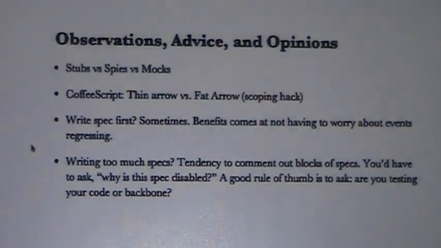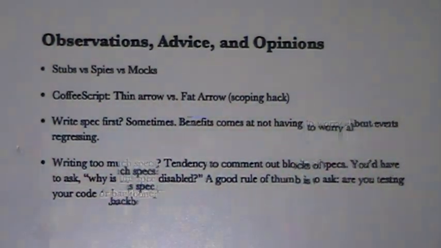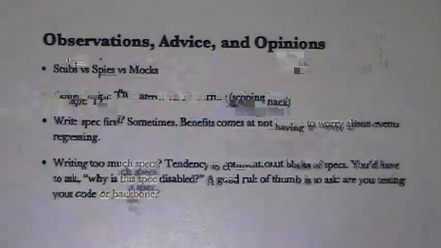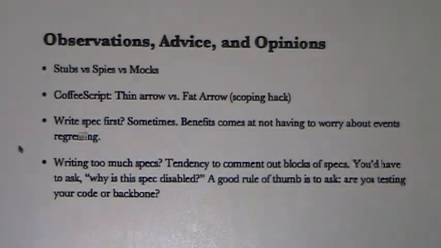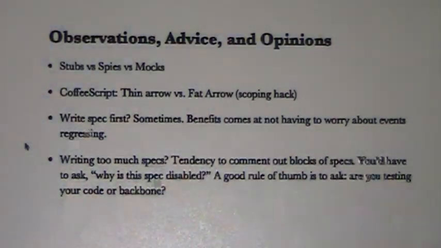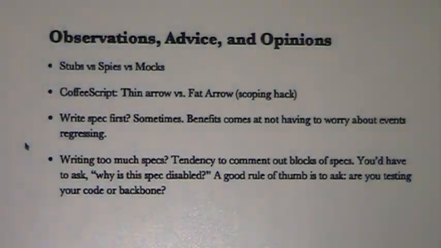We had some problems with thin arrows and fat arrows in CoffeeScript. The fat arrow is basically the scope resolution operator of CoffeeScript. You use it to refer to the object that created the function. So if you're using views, fat arrows are helpful.